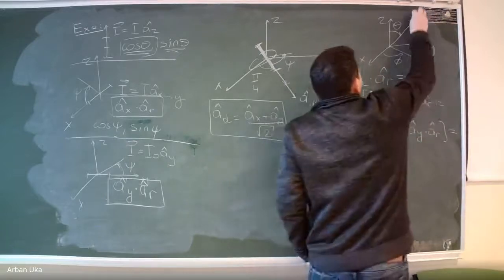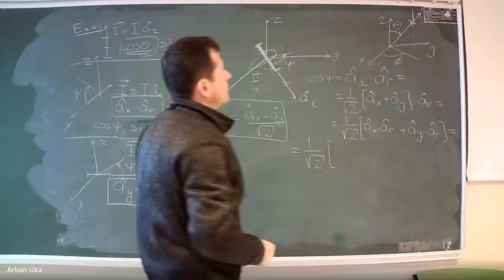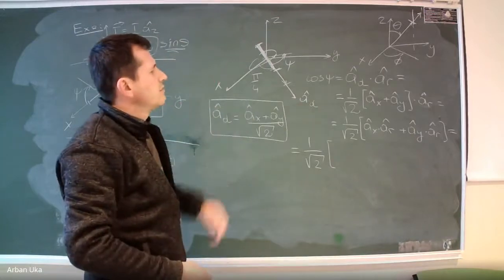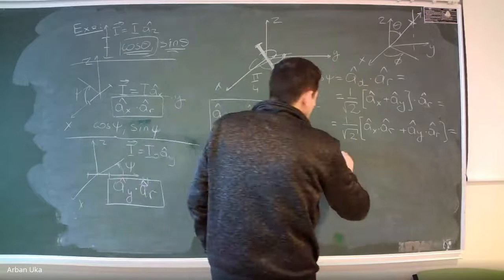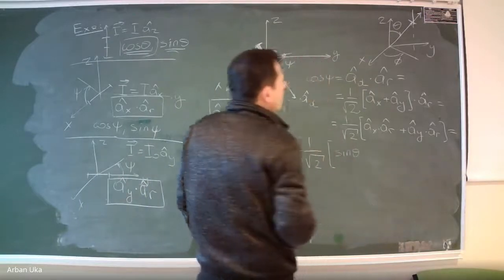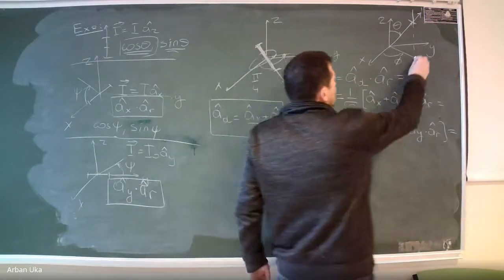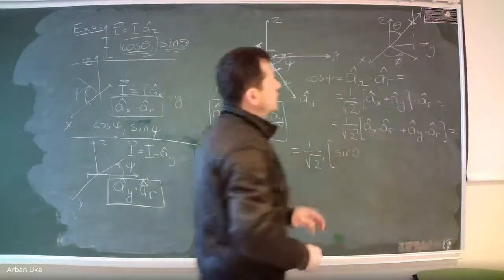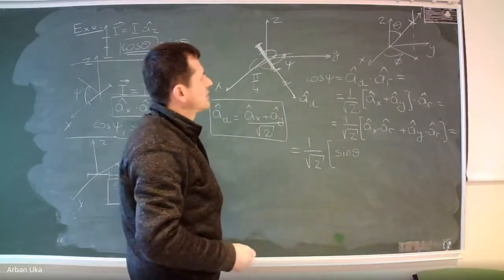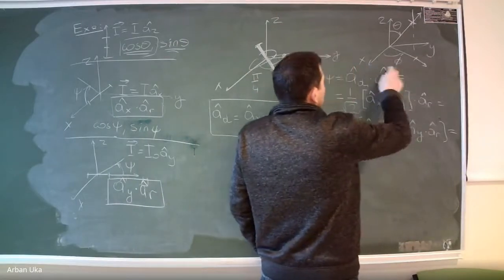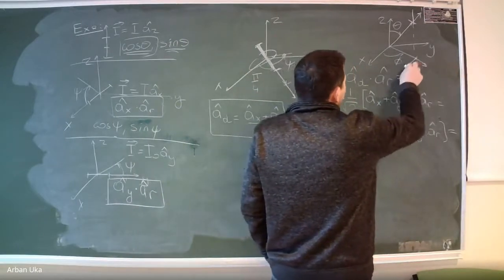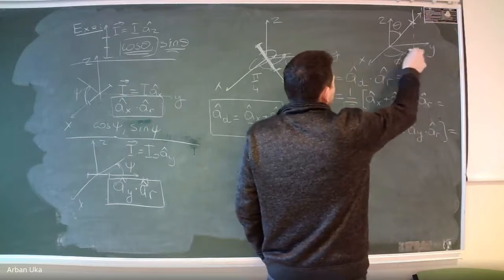The projection of AR on the xy plane is going to be equal to sine theta, and then it's some line which is shorter in magnitude than AR, so we multiply with the cosine of this angle here, which is phi.